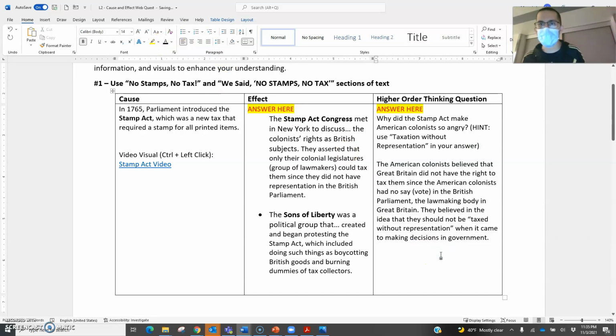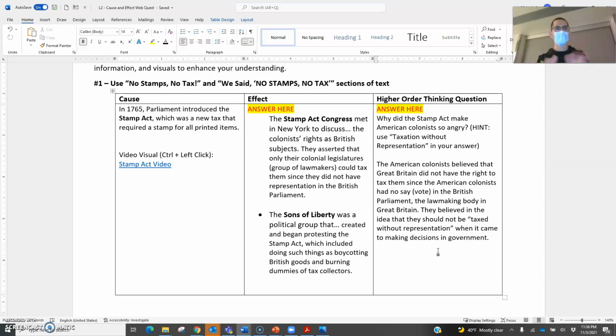The American colonists believed that Great Britain did not have the right to tax them since the American colonists had no say or vote in the British Parliament. That's the lawmaking body in Great Britain. They believed in the idea that they should not be taxed without representation when it came to making decisions in government.